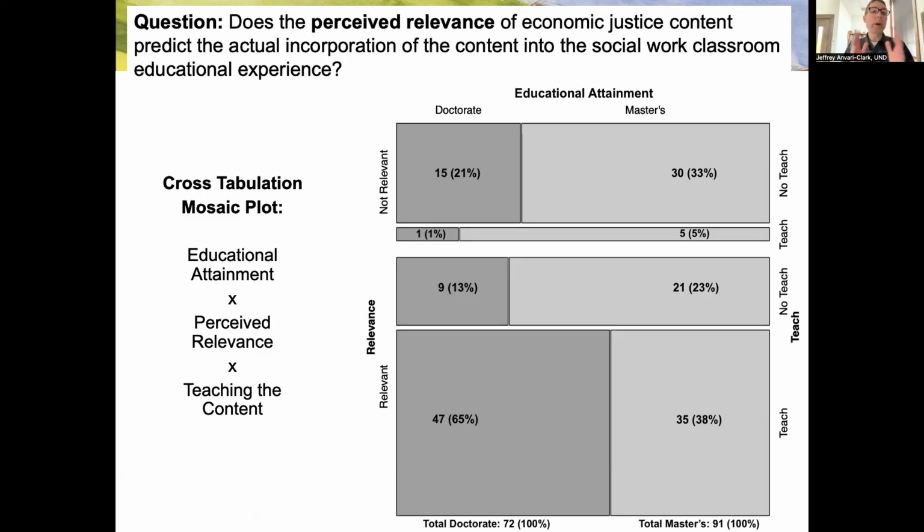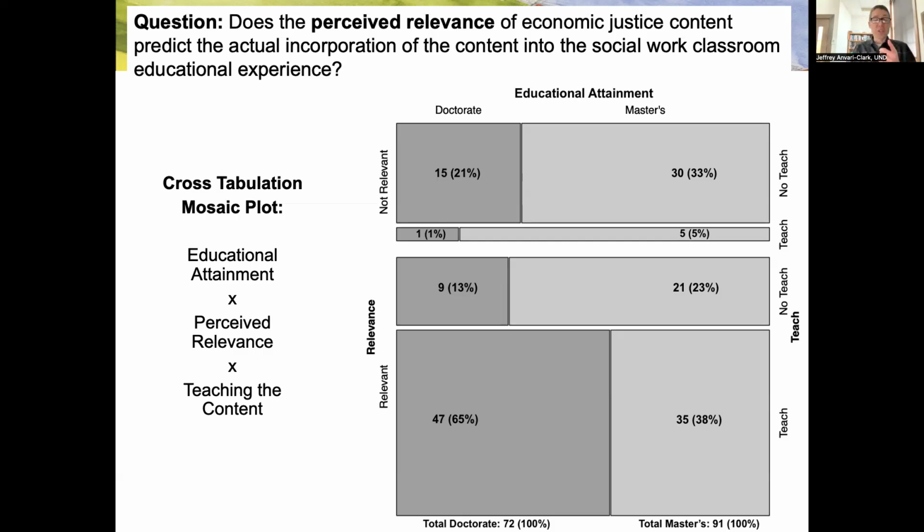There's a way you can do it called a crosstab. This here is an example of a crosstab that I did, which is a bit of a fancier one where we actually have three variables. My question for this research was looking at social work education: do people who teach social work education consider economic justice content?